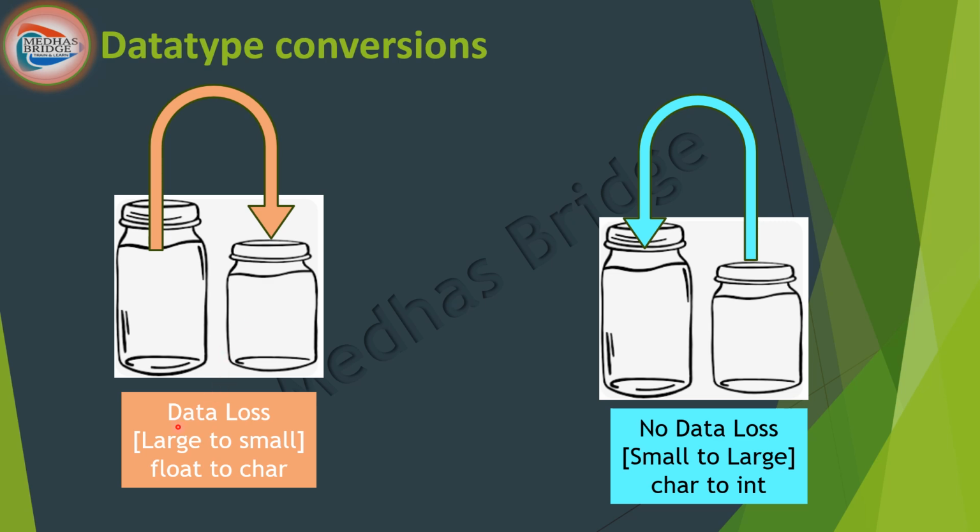I am illustrating this as a data loss. The other way around, pouring all the liquid from the smaller jar into the bigger jar, the complete liquid of the small one will fit, and I don't lose any data.